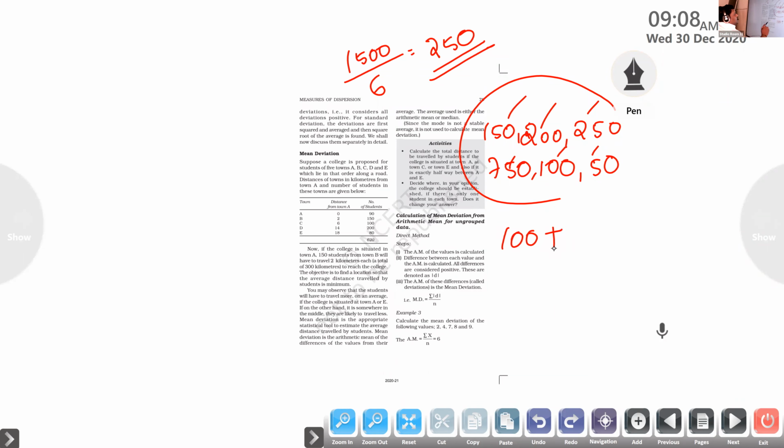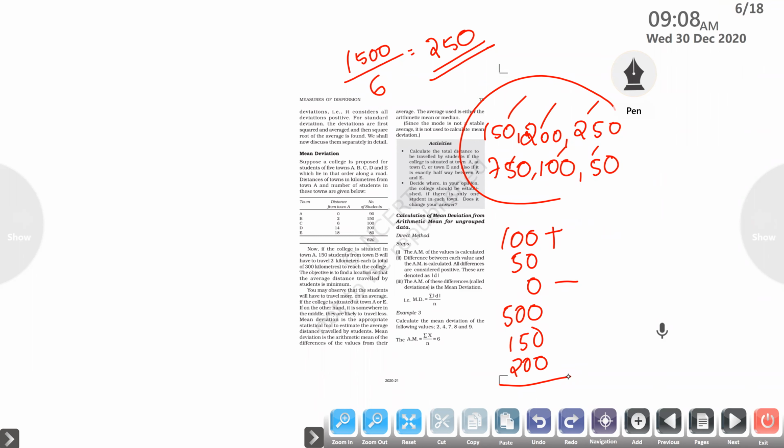Plus 200 and 250, 50. Next, 250 and 250, it is 0, right? No difference. 750 and 250, 500. 100 and 250, 150. 50 and 250, 200. Right? Got all this data?